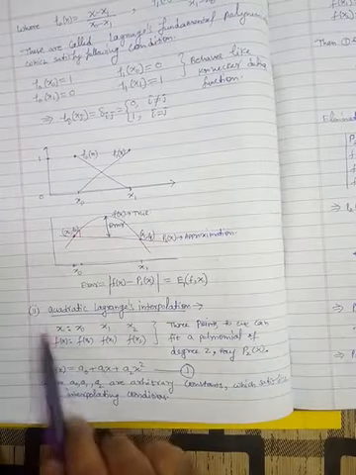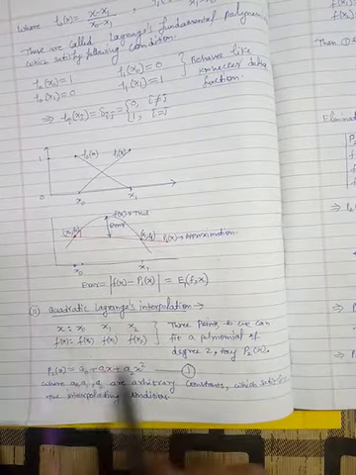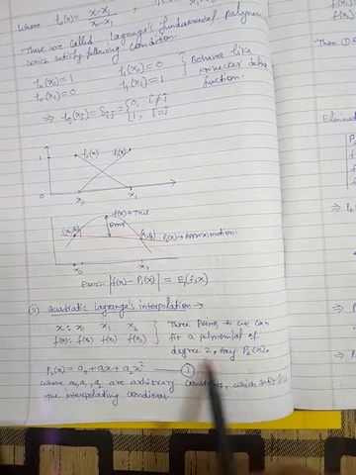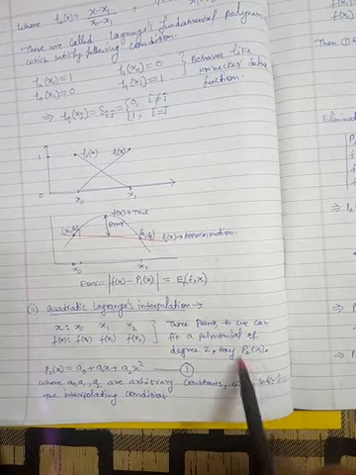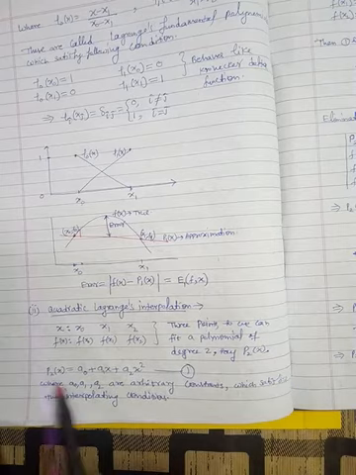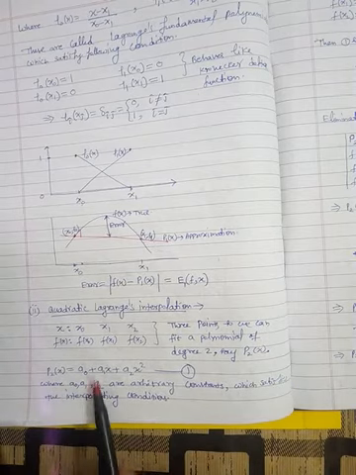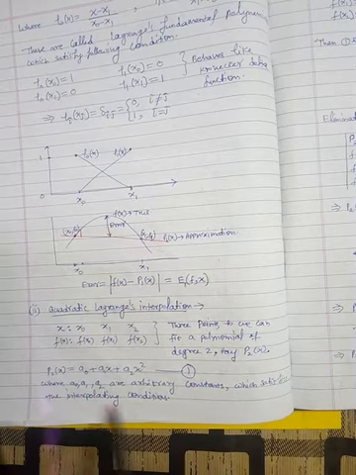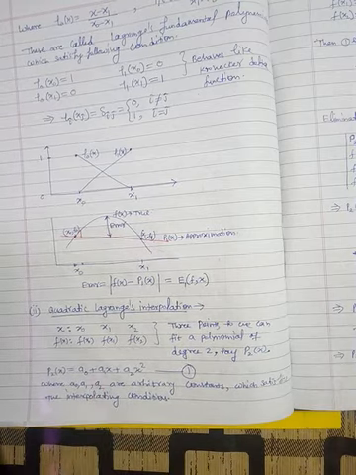Now this is the second part. Suppose we have 3 data points, then obviously we can fit a polynomial of degree 2, which is denoted by p2(x). So here p2(x) is equal to a0 plus a1x plus a2x squared, where a0, a1, a2 are arbitrary constants, which satisfy the interpolating conditions.